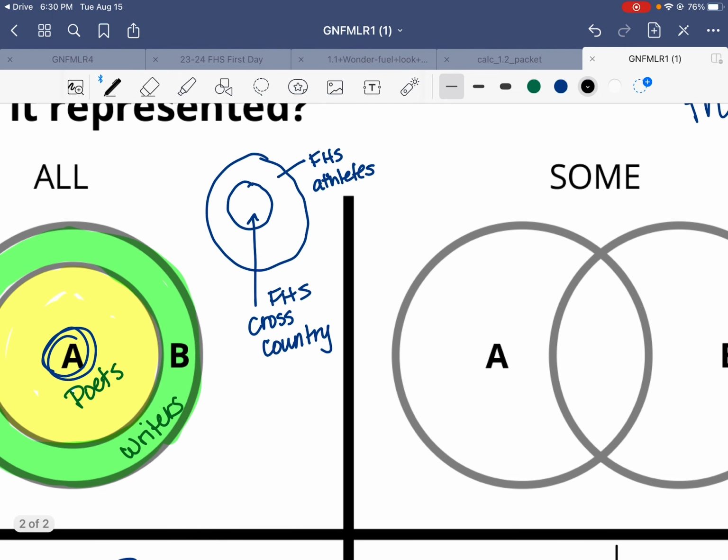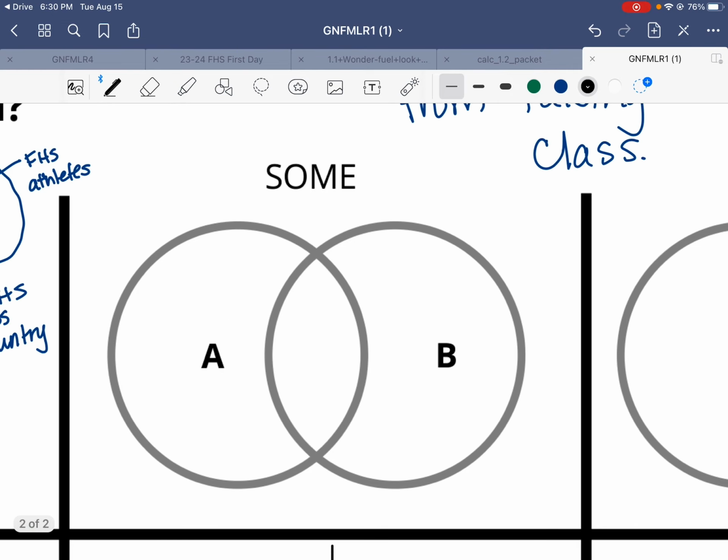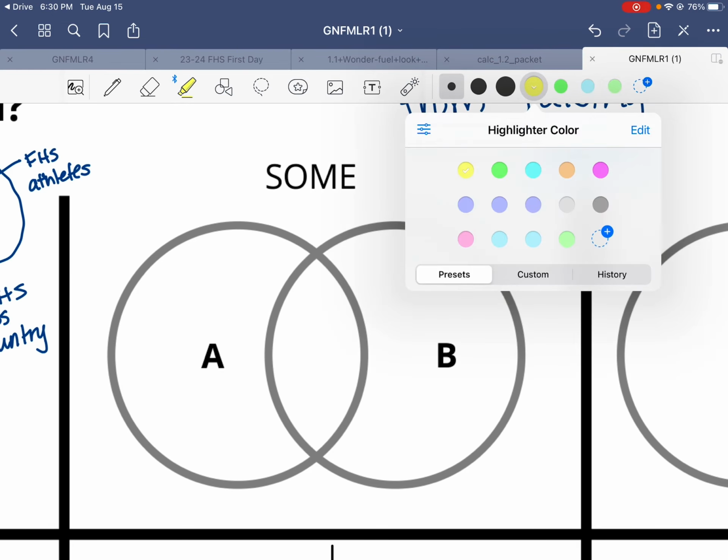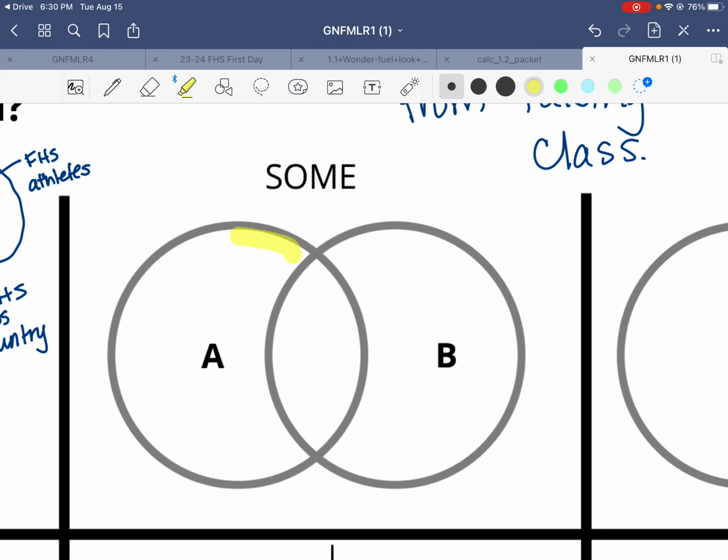So here we had A and B. A was yellow, so we'll go ahead and put that same color in there. Okay, so we had that yellow here. So we have all the members of A. And then B, of course, was that green. So this is our B, right? And the difference here is that there's a little bit outside that's not a part of that membership, right?